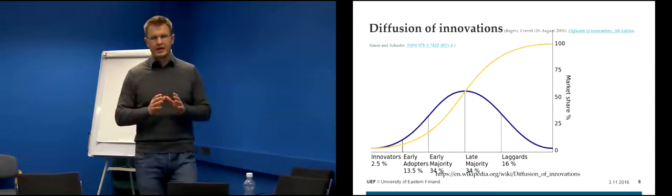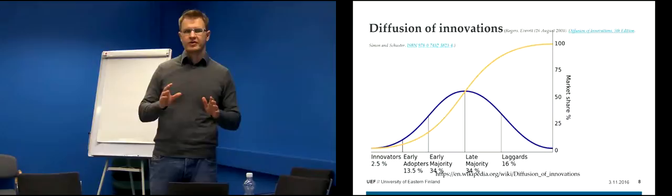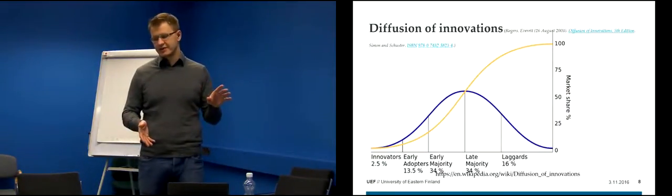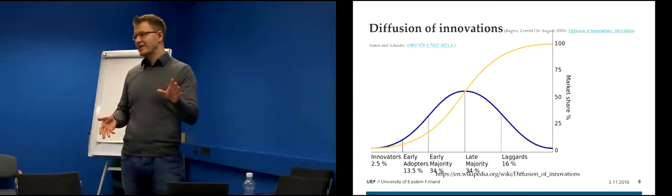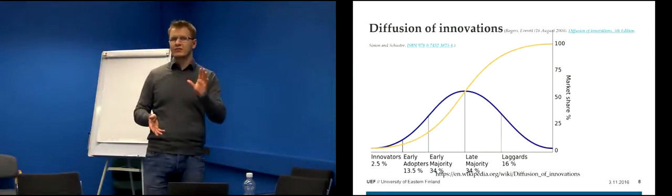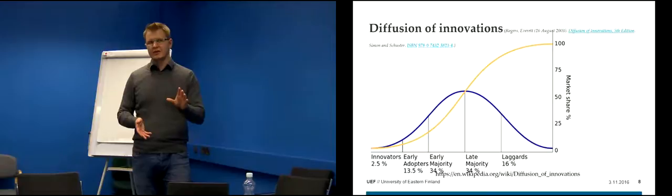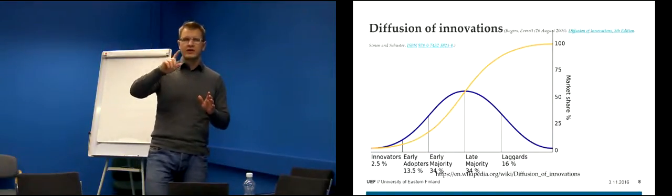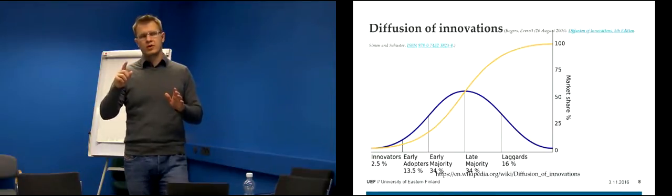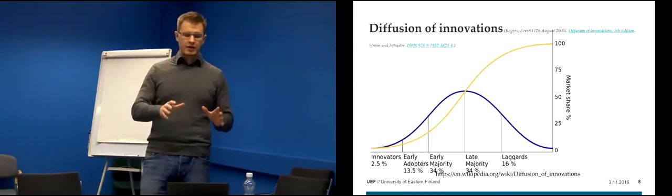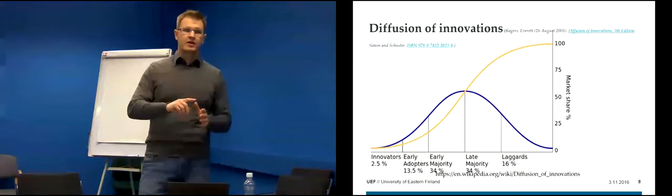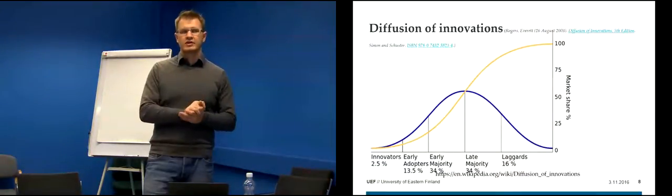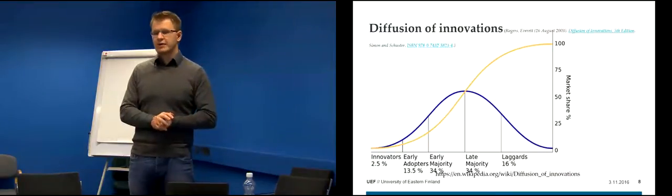And laggards are the ones that, for example, you could think about internet use in Finland and you could clearly see that the old people are now the laggards that are not yet using the technology. But slowly, as you can see from the yellow curve, the saturation rises to 100%. So step by step, new technology is included, and in the best case scenario, it reaches 100% where everybody is using it.